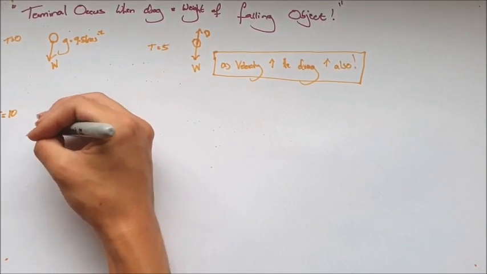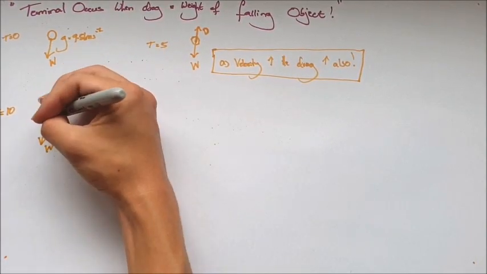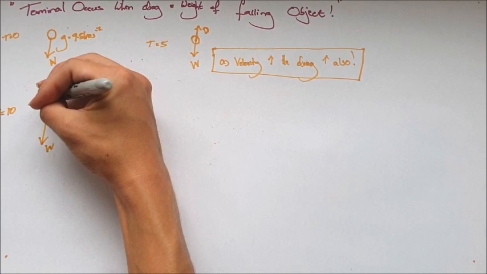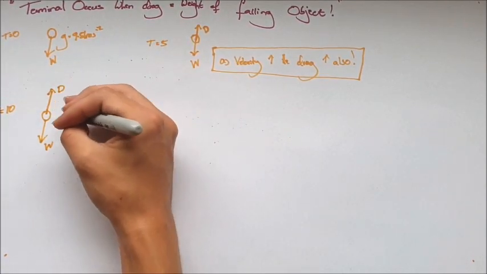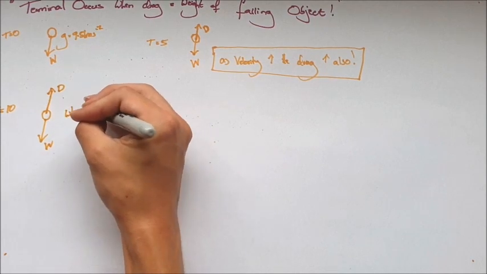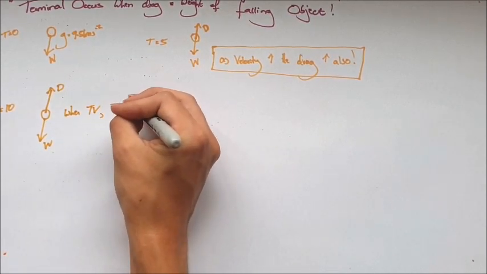But when the weight of the skydiver is equal to the drag, or the air resistance, that is when terminal velocity, or TV, I'll just abbreviate it to, is reached.